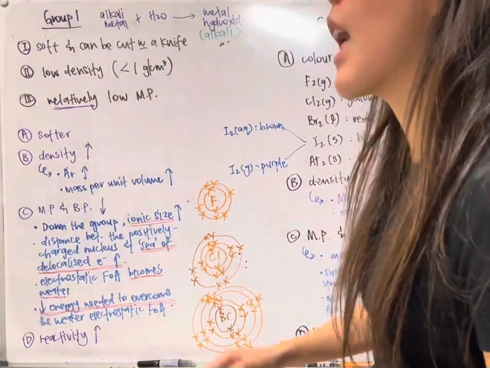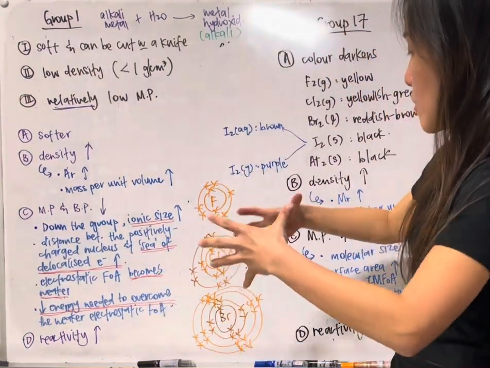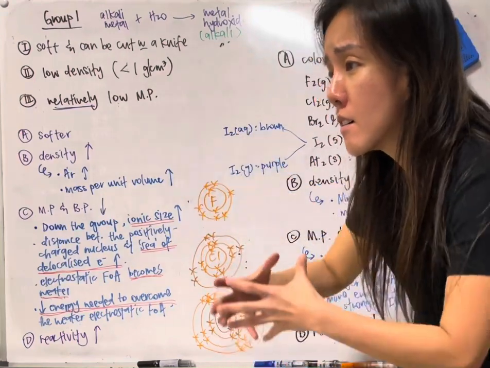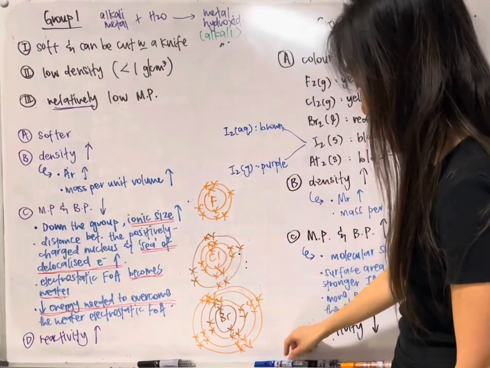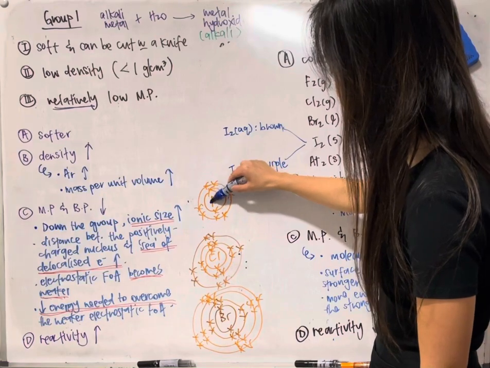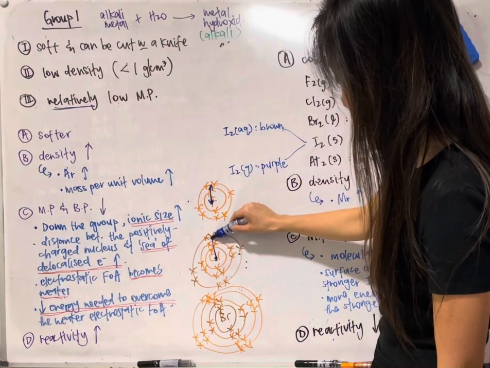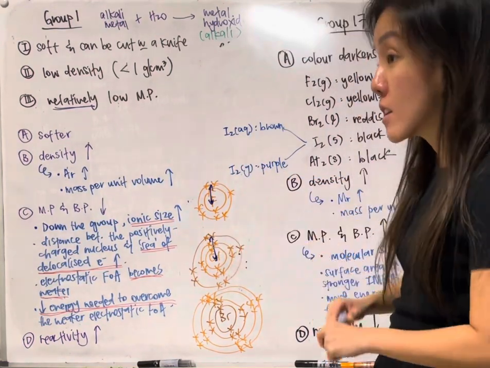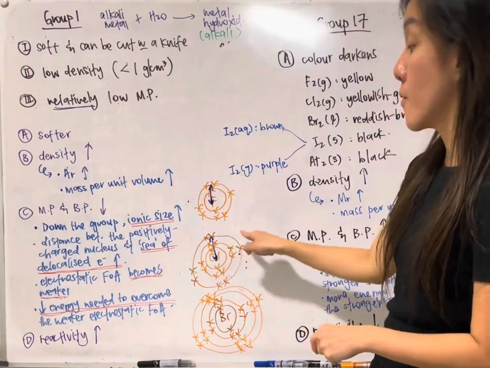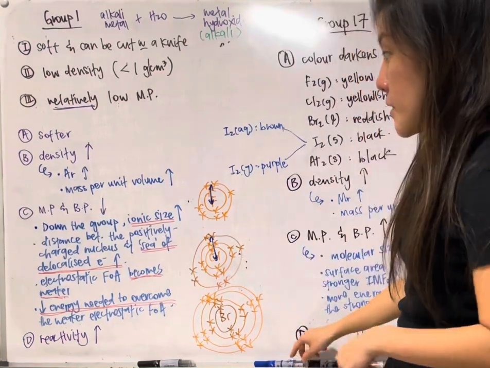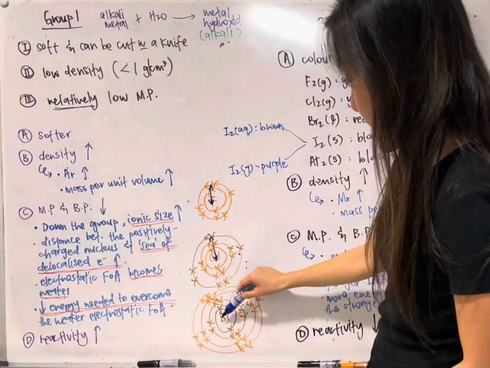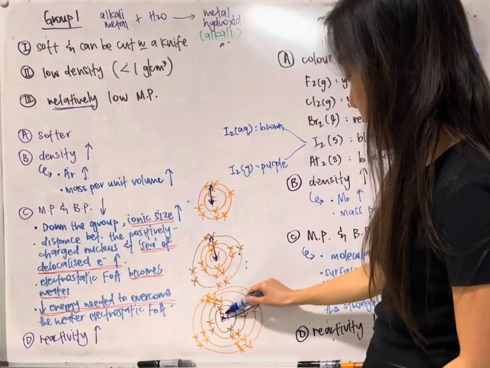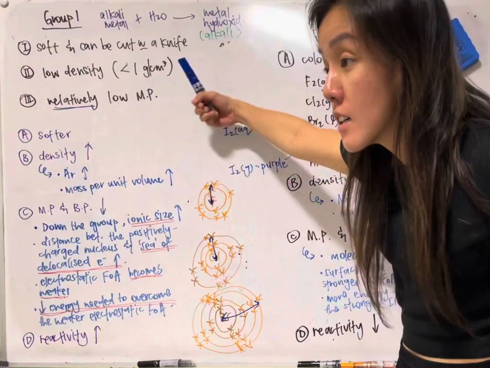So let's try. Down the group, Alicia, what happens to atomic size? It increases. So the distance between the positively charged nucleus and the valence electrons will increase.